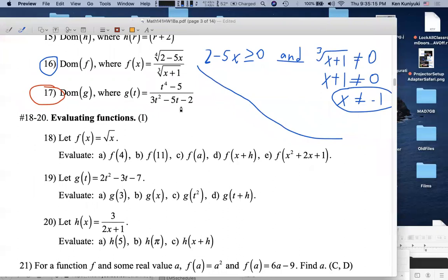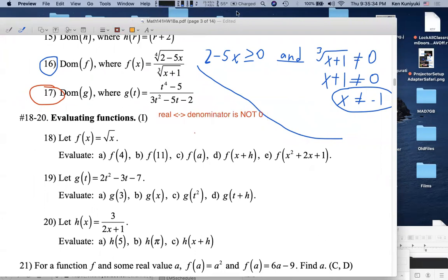So this is real if and only if the denominator is not 0.